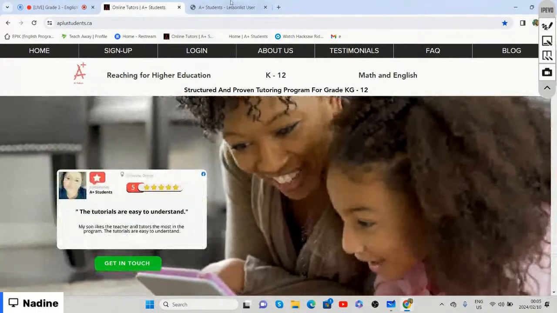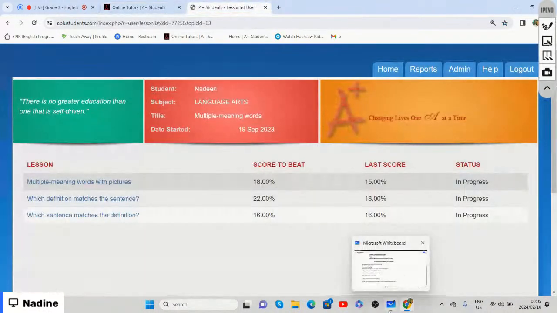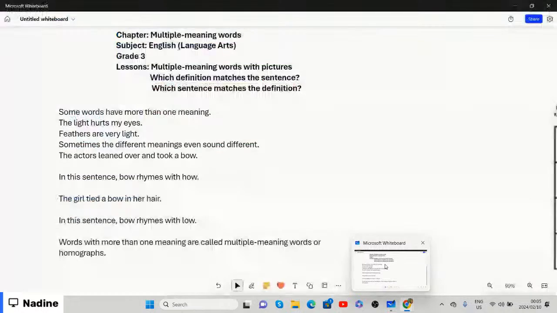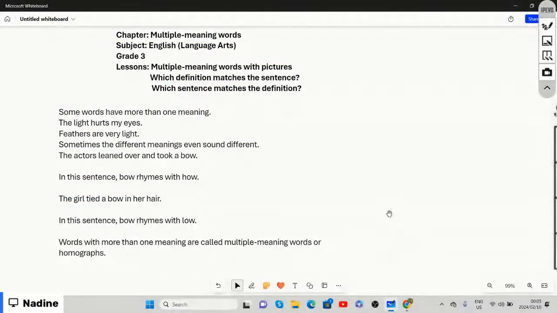All right. So multiple meaning words, right? Our chapter is multiple meaning words. Our subject is English language arts, grade 3.